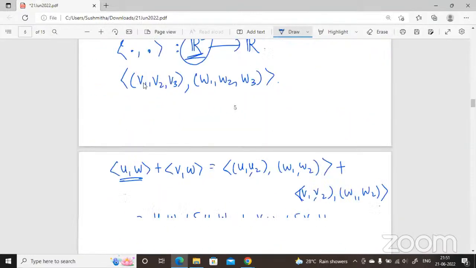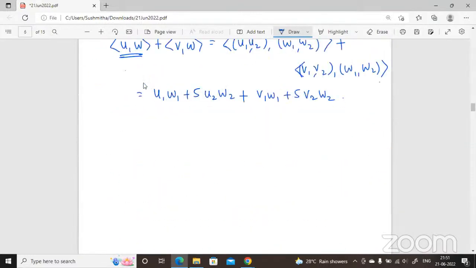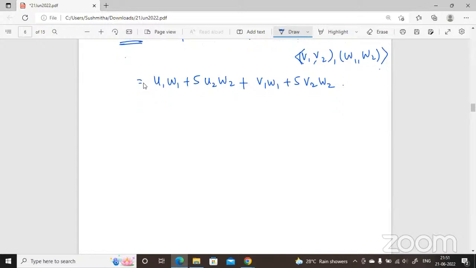Can you do the other two, symmetry and scalar product? You tell me how to do it. So you want to show alpha times the inner product of v comma w is equal to the inner product of alpha v comma w. What is alpha v?